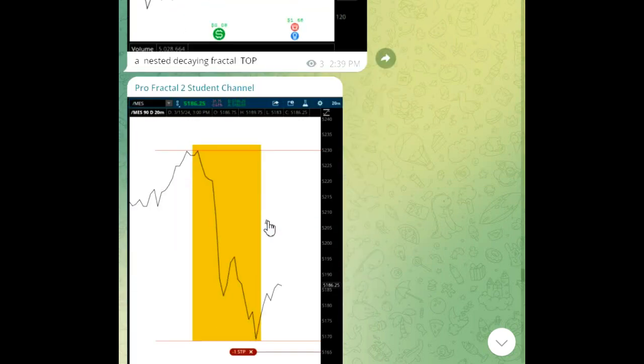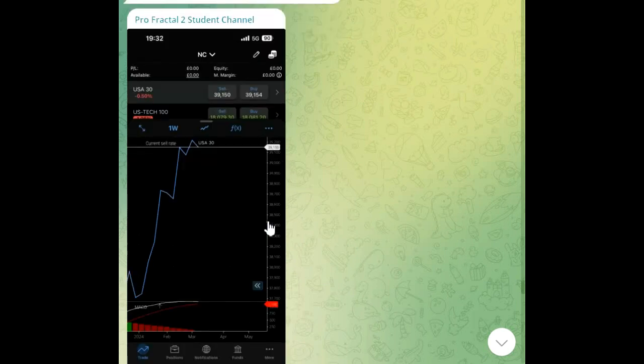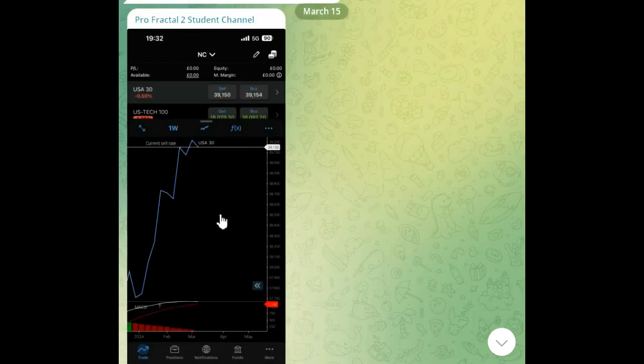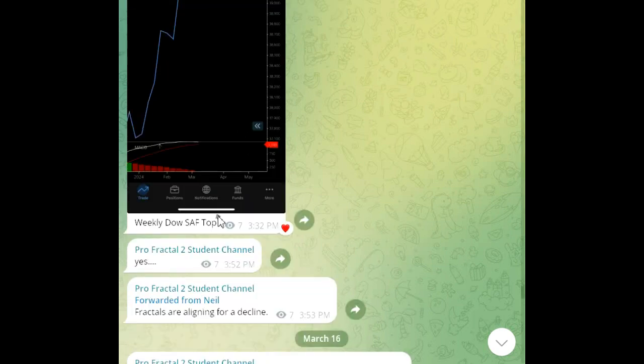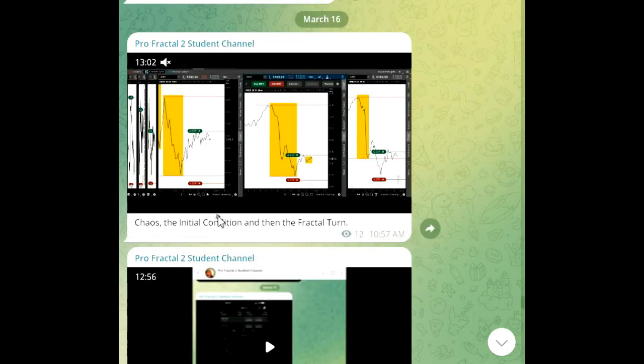So I hope today I gave you a good idea of how the fractals work, and particularly this Dow fractal. You find these on every market. Again, remember, chaos, step one, step two, that's the initial condition, step three, top or bottom for a fractal turn.